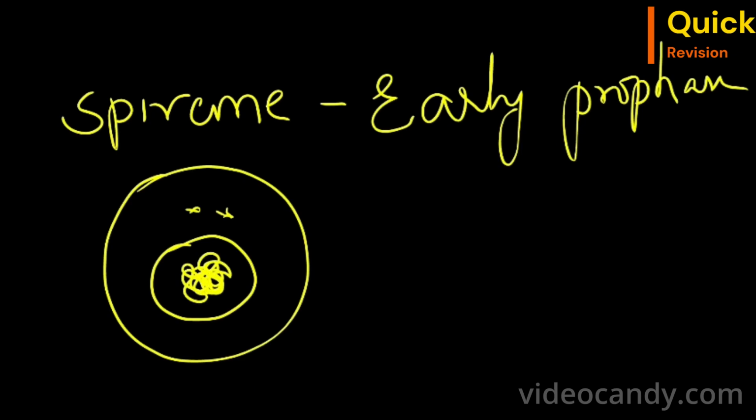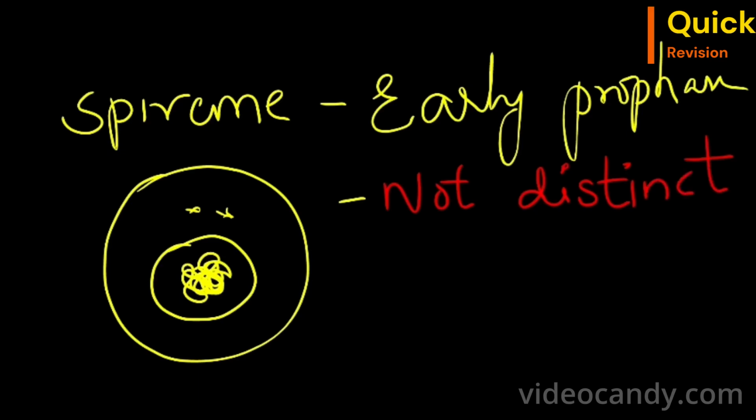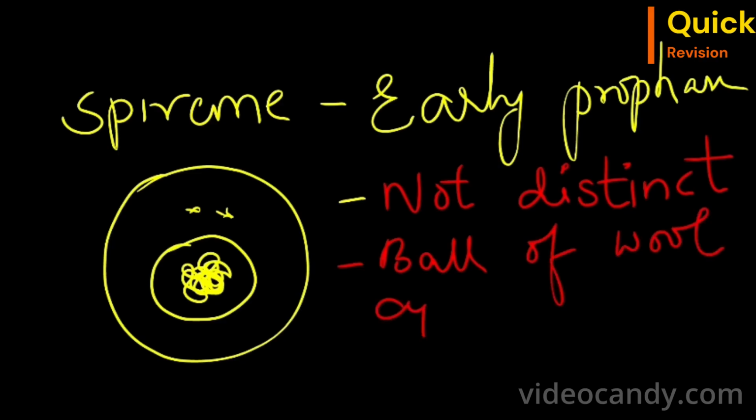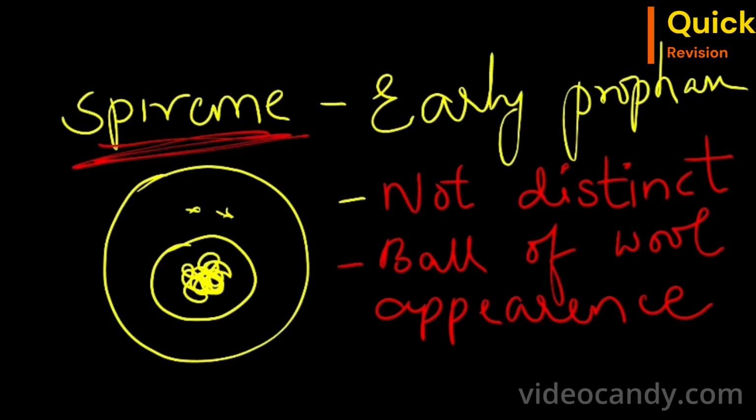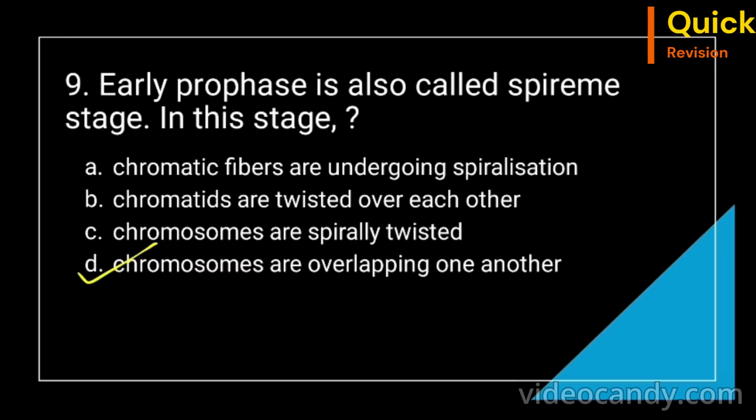The chromosomes are overlapped upon one another, so they are not distinct. That means you cannot tell one chromosome from another, and it has a ball of wool appearance. In which stage you see a ball of wool appearance, it is the spireme stage, because of this it is called the spireme stage, which is in the very early prophase. So let's go back to the question. That's why the chromosomes are overlapping one another.